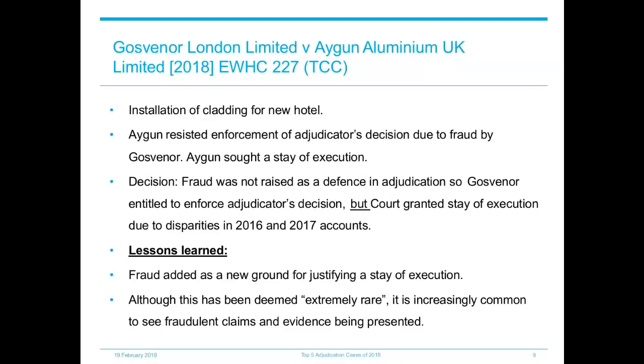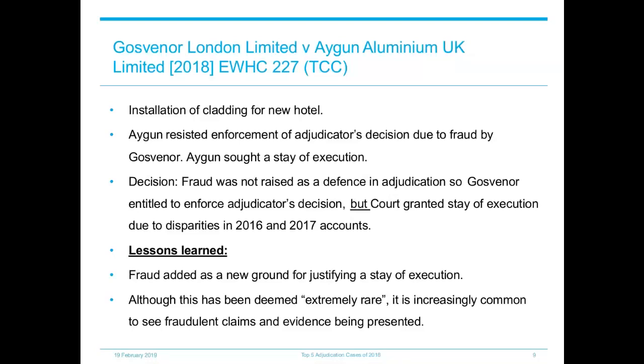So in that situation, the other party could try to resist the enforcement of the adjudicator's decision and ask the court to pause proceedings while the claimant's financial standing is assessed.